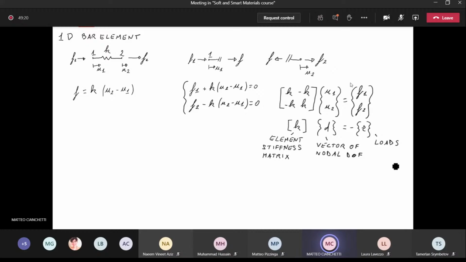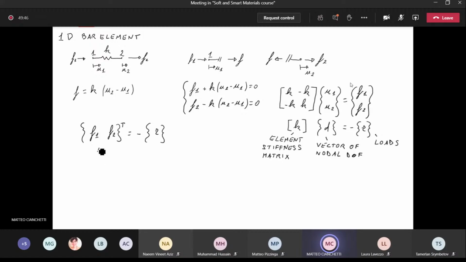So what is the difference between F1 and F2 and R, and why did I add this minus here? Well, actually, we have that F1, F2 transposed is equal to minus R. This is what I did, right? And why can we do that?